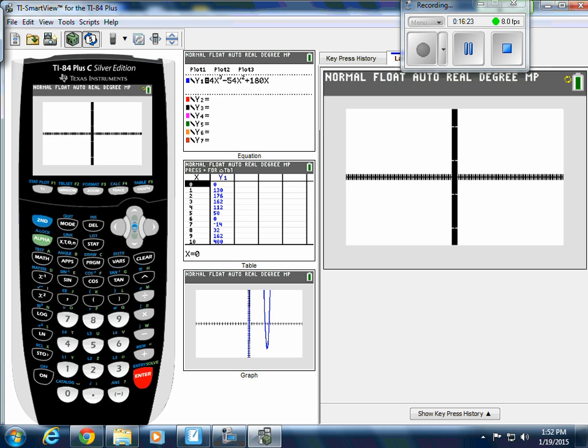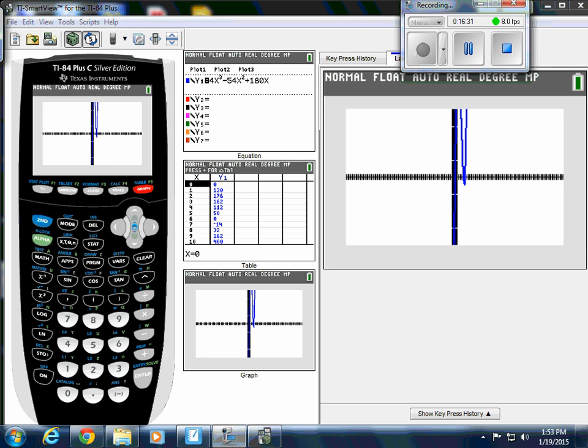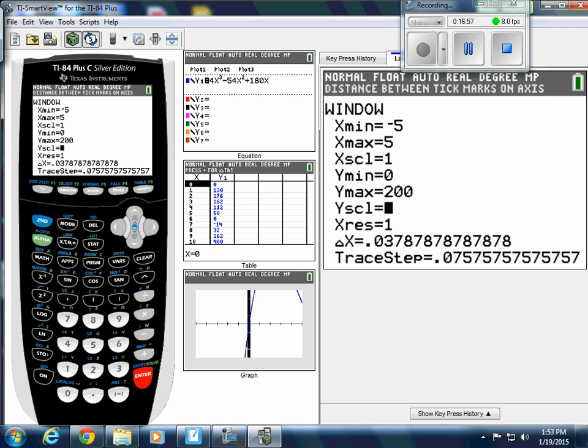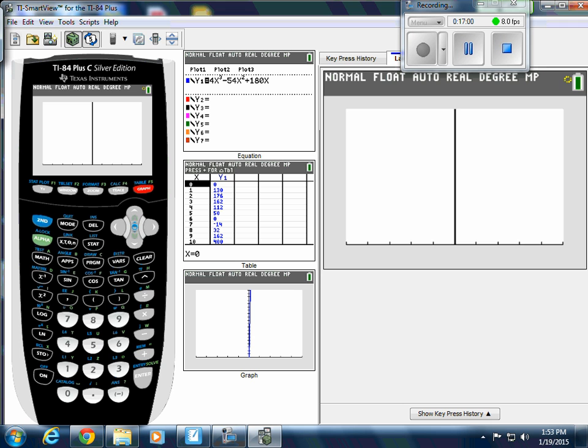We'll see if that is going to give us our local maximum. All right, we still don't have it on here. I'm going to go in here and change my window to see if I can get a better idea. I'm not going to change the x. I'm going to go from negative 5 to 5, and for y we're going to go 0 to, let's say, 100. Let's go 200 just to see. Okay, so now let's graph this, and see if it's going to cover that.